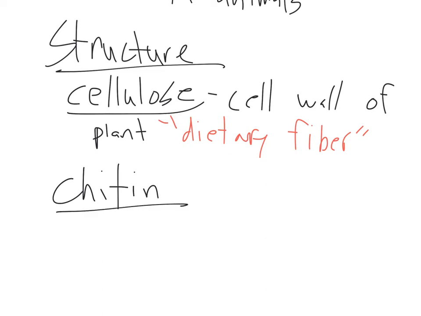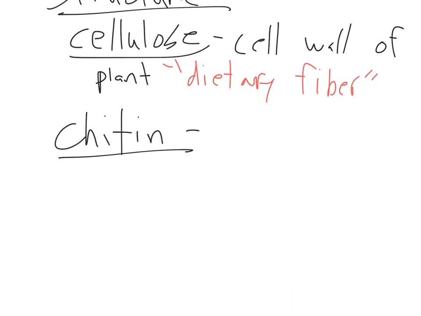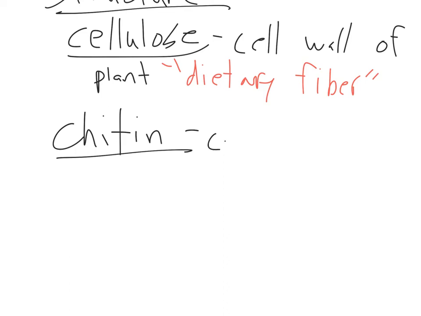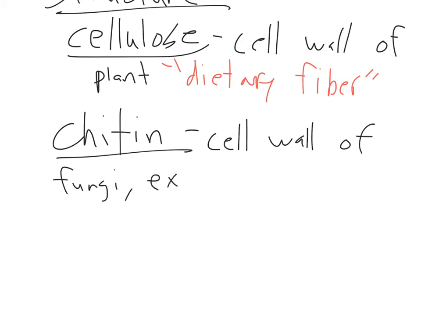Anybody want to take a stab at pronouncing that word? Chitin. Okay, chitin. This is the cell wall of fungi. And it's also the exoskeleton of arthropods.